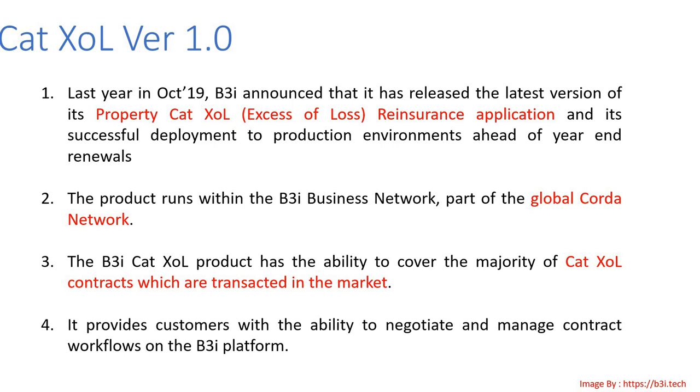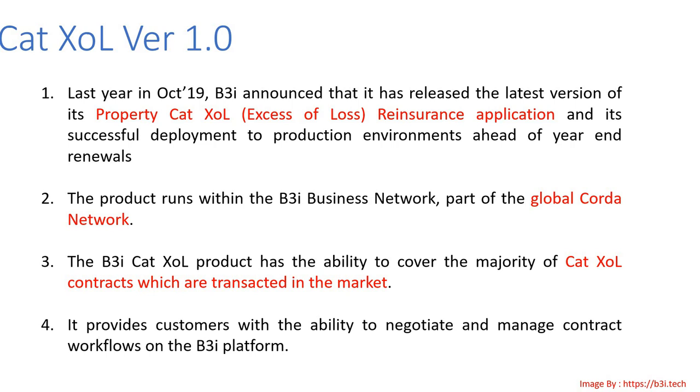They came together and started testing this prototype. It has evolved substantially through further development within B3i, taking into account various feedback channels established with market participants and members of the B3i community.